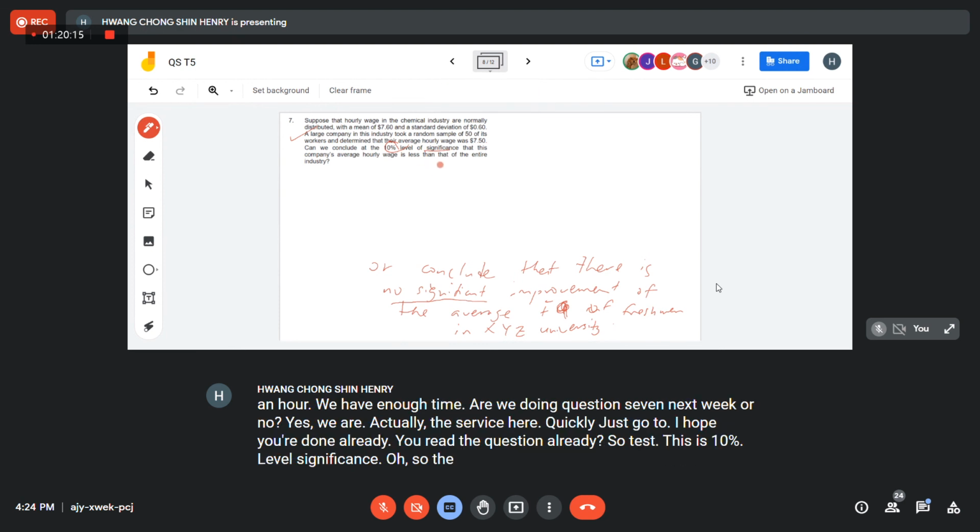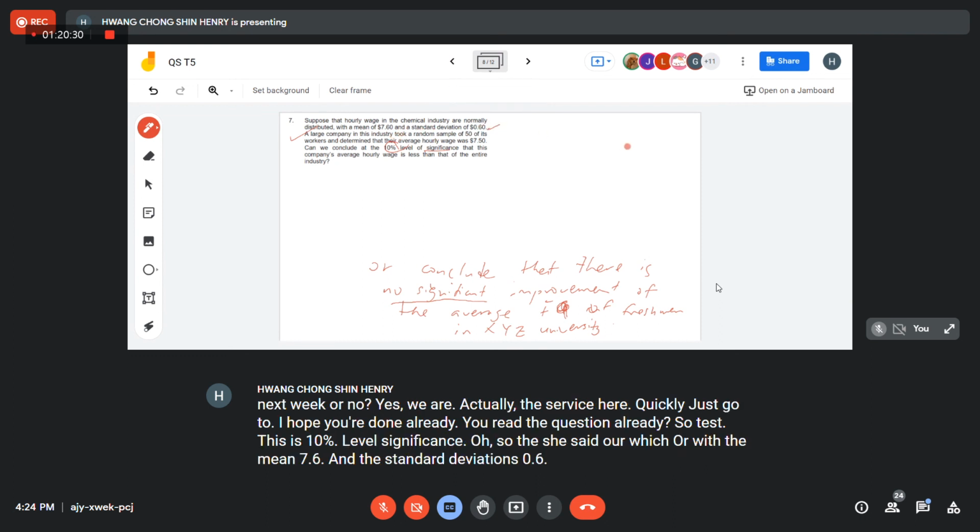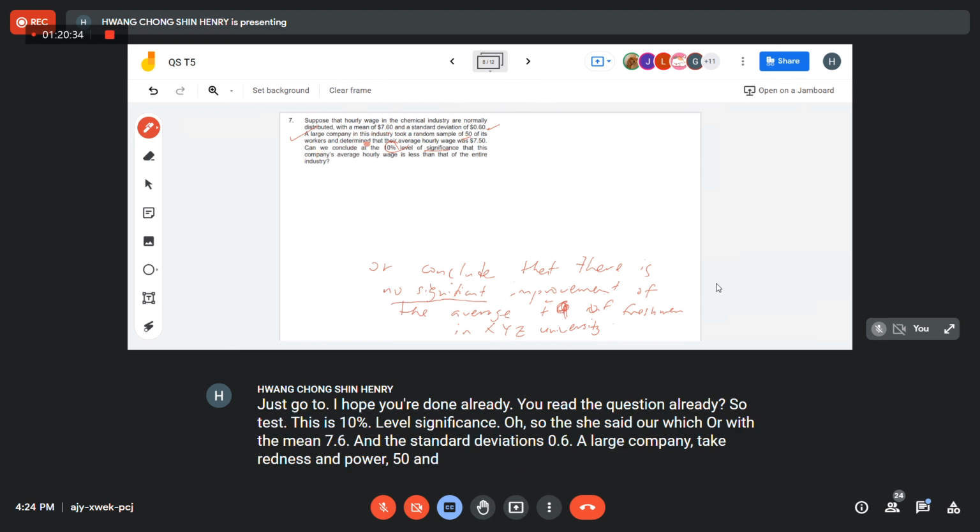So it says that the hour, with the mean 7.6 and the standard deviation 0.6. A large company take a random sample of 50 and test the average hour, which is 7.5.